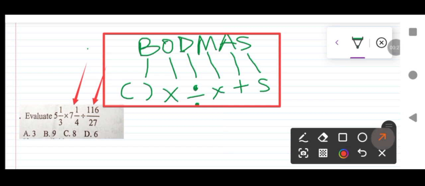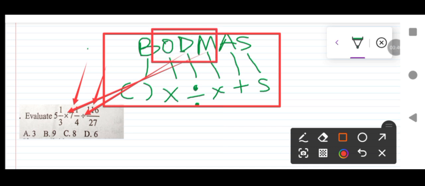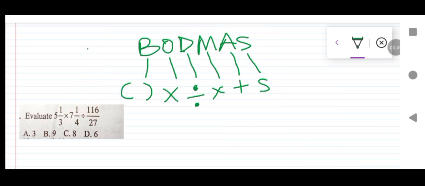Right from what you can see here, we have division in our question, and we also have multiplication. In this case, division and multiplication go hand in hand. Likewise, addition and subtraction are always going hand in hand. So that should not be a problem for us.